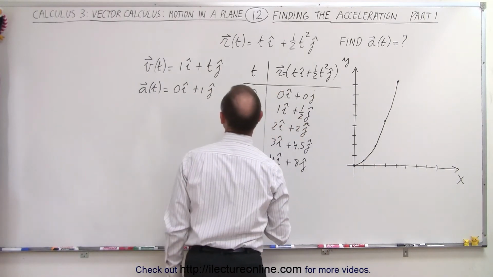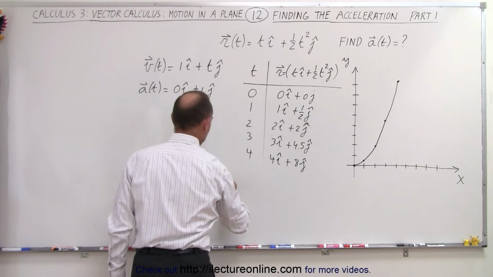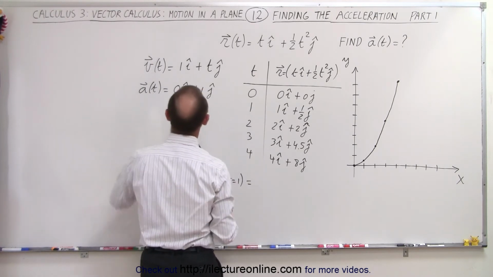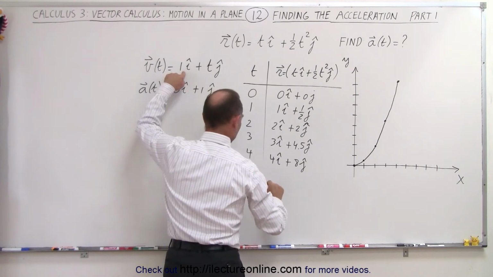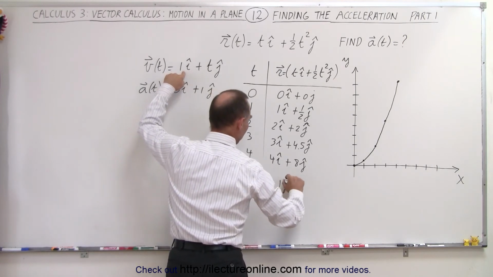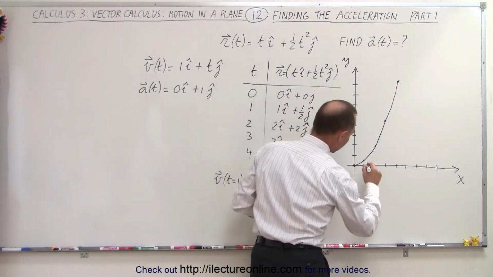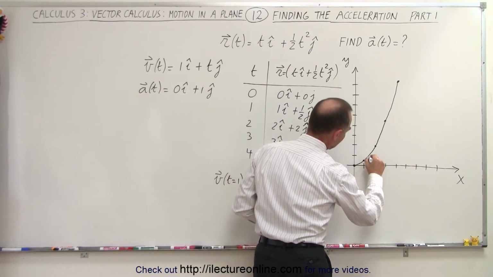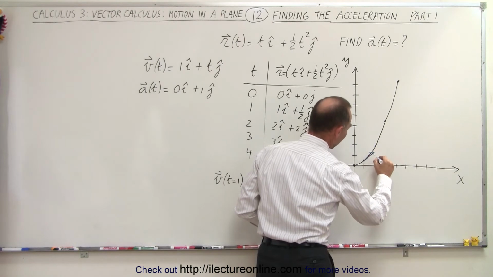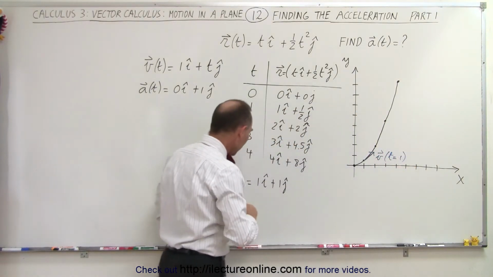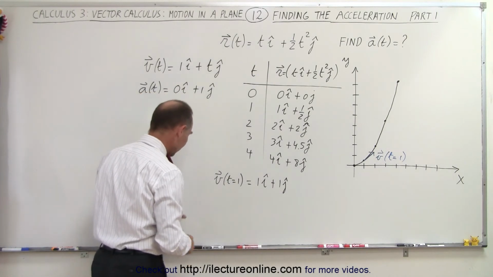Notice our velocity vector v when time is equal to 1 is going to be 1 in the i direction plus 1 in the j direction. So my velocity vector, and let's use a different color, will look something like this. This will be my velocity vector when time is equal to 1. What will my acceleration vector look like at that time?